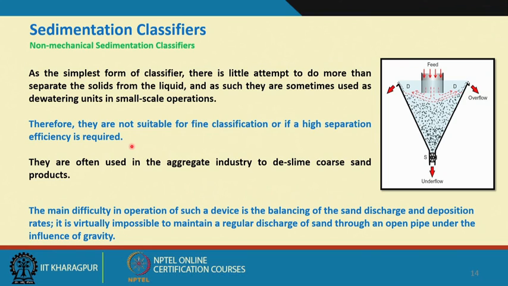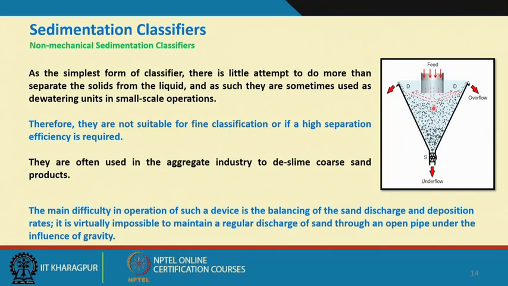What is the meaning of that? If I want a separation between 20 micrometer and 10 micrometer particles, probably I cannot do that. But suppose I have particles mostly of a size of around 40 or 50 micrometers, and I have a large pool of water, and I want to separate these 50 micrometer particles from the water, that is, I want to recover that water.